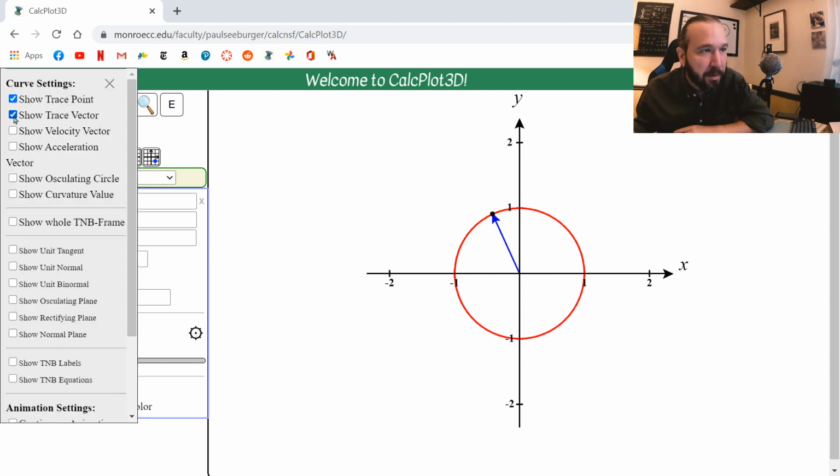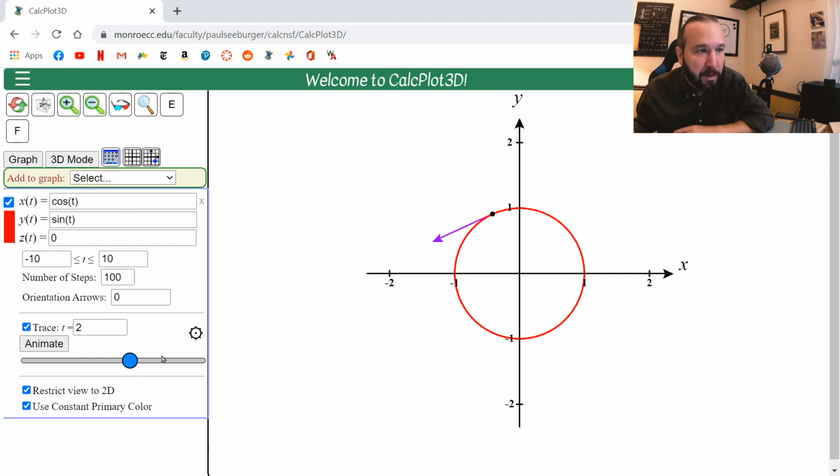Okay, now let's get rid of that and show the unit tangent vector. You can see the unit tangent vector, instead of pointing directly out to the point, remember that we changed the sign of just one of the coordinates.